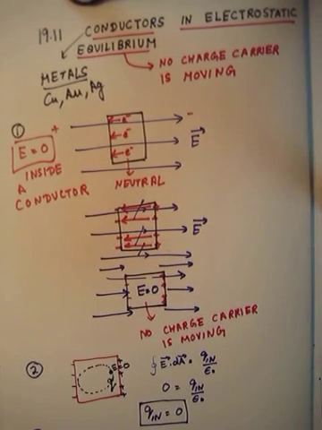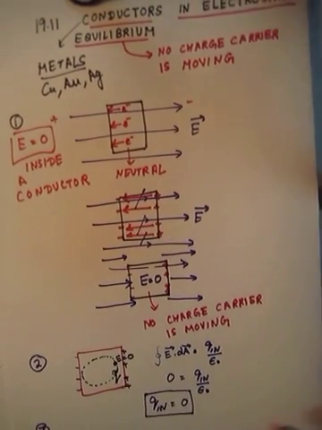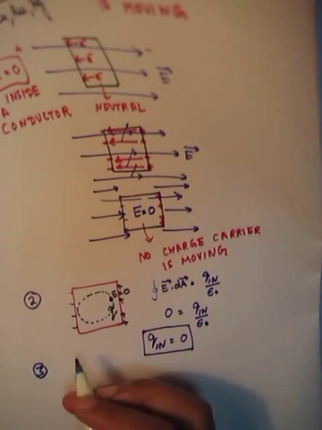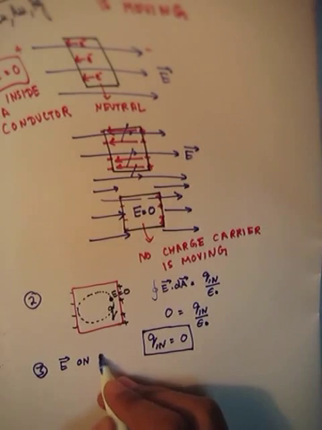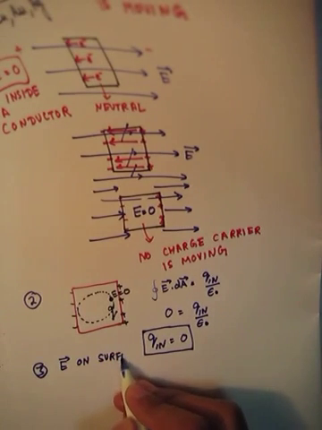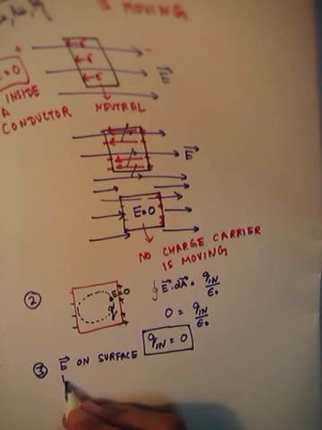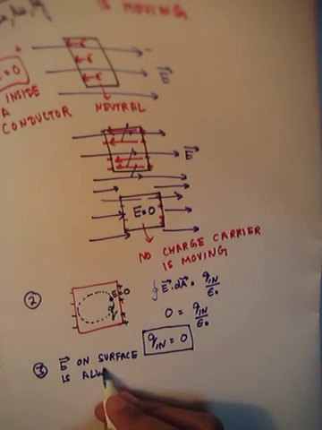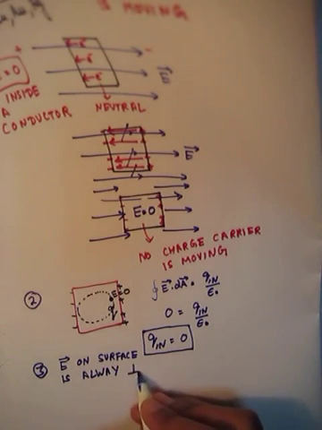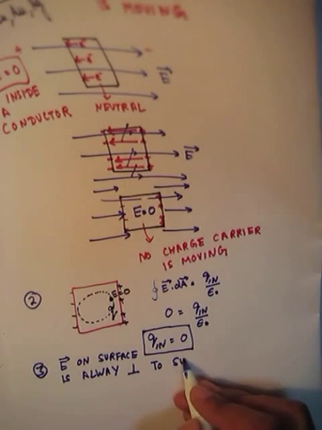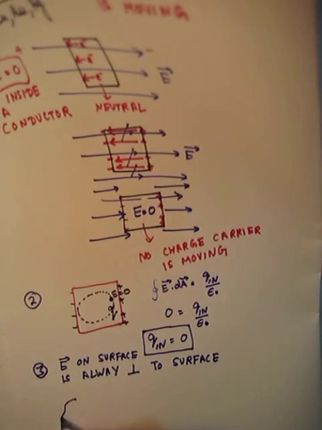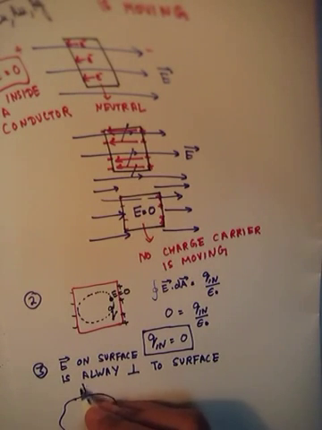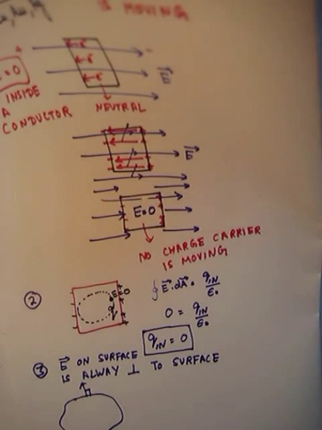The third condition is that the electric field on the surface of a conductor is always perpendicular to the surface. This means that if you have any conductor, the electric field will always be perpendicular to the surface.